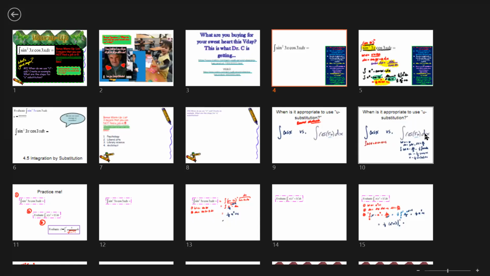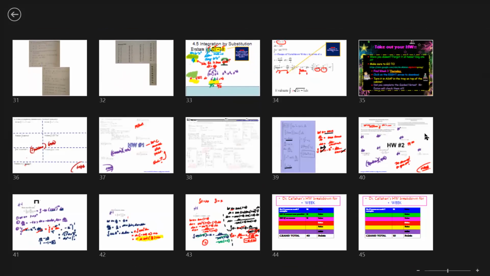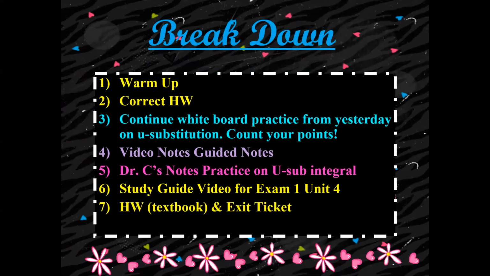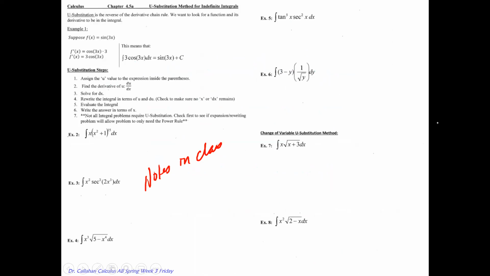All right, so let's go ahead and continue practicing this today. So for today's stuff, your breakdown looks like this. It's a continuation of u substitution. And I'm going to go over some examples with you guys in class. Take a look at your guided notes. So this is going to be your notes in class. There are 8 examples. I have my steps right here written for you guys.